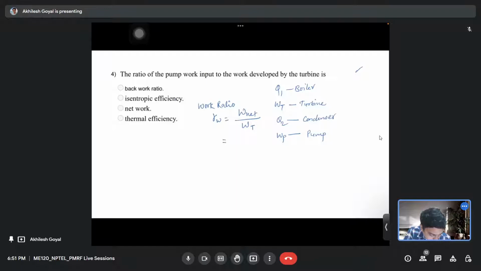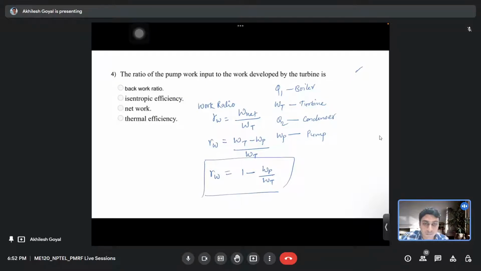W net is WT, that is turbine work, minus WP, divided by WT. So one parameter here is work ratio, that is RW. Again writing it, RW is equal to 1 minus WP by WT.